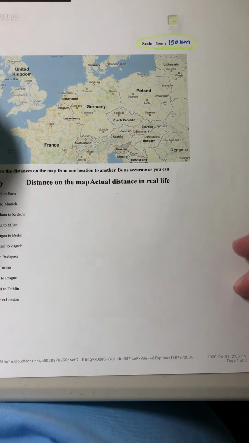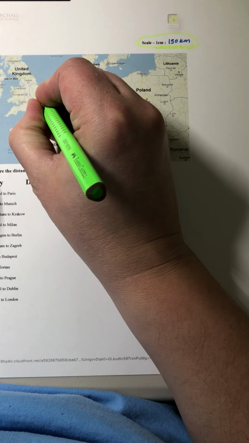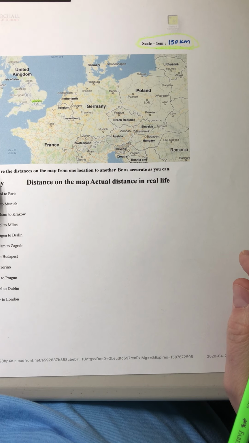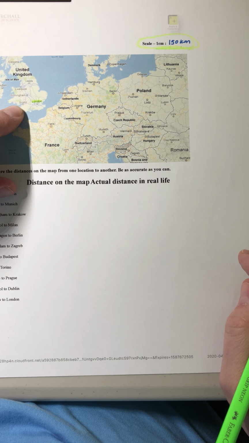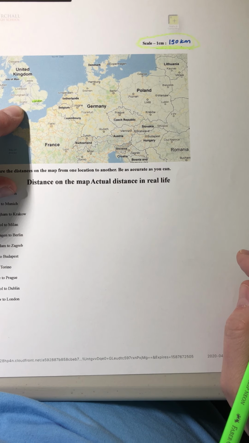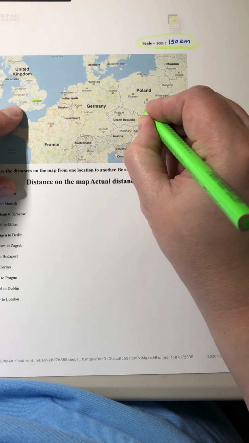So I have London, England here. And I am going to see how far London is away from Krakow in Poland.